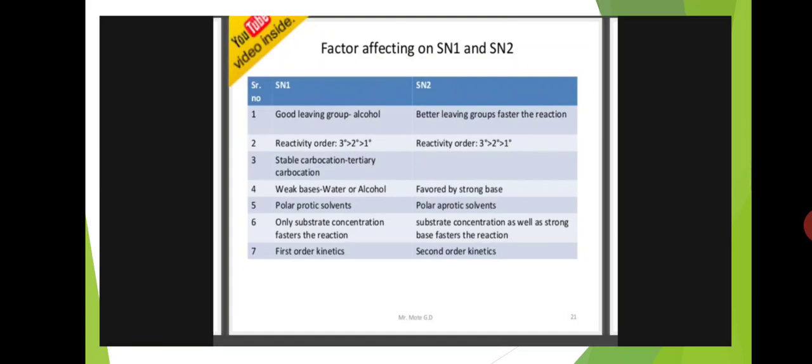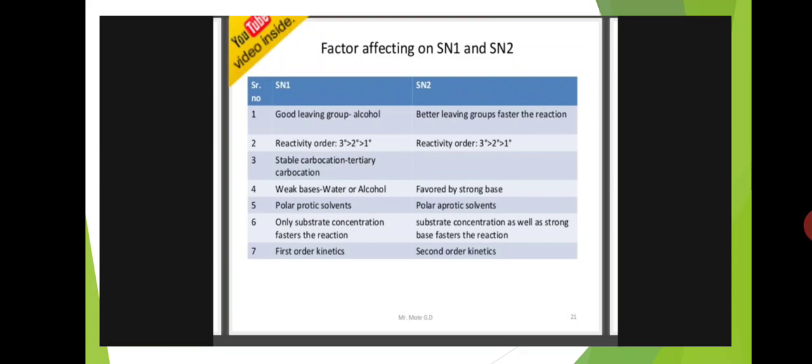So if tertiary alkyl halides participate in this reaction, to gain stability the carbocation can form easily and participate in the SN1 reaction. Weak bases, water or alcohol, favor SN1, while SN2 is favored by strong bases only. SN1 favors polar solvents, and SN2 favors polar aprotic solvents.